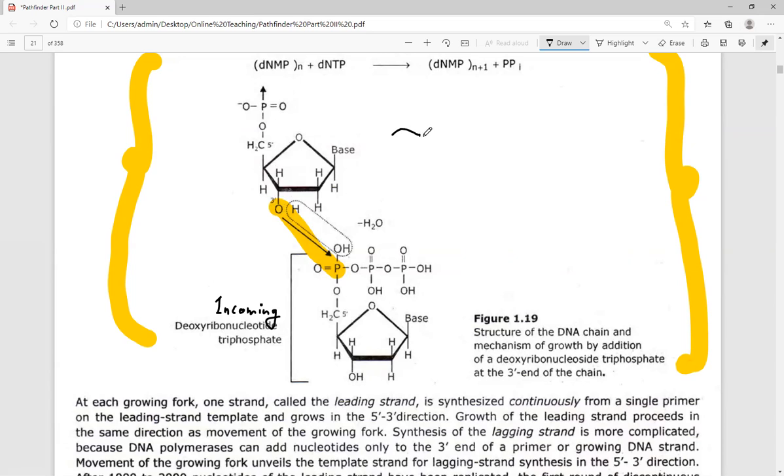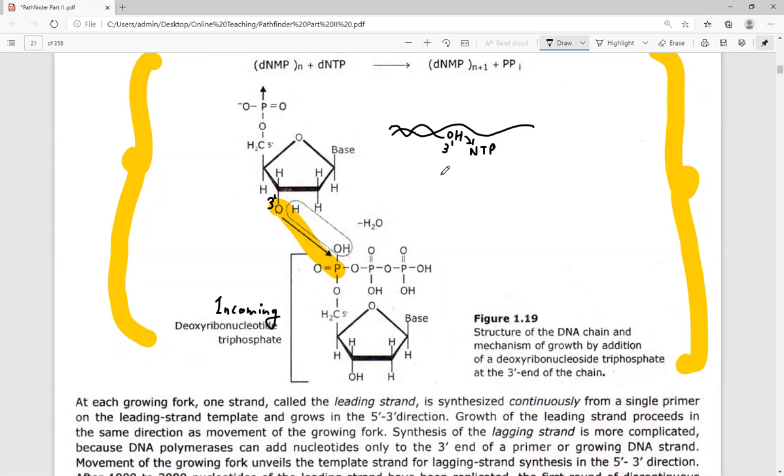For example, this is a DNA molecule, and there is another DNA molecule undergoing elongation. This end is the free 3 prime end. The hydroxy group present here will be attacking a nucleotide triphosphate, NTP, molecule.